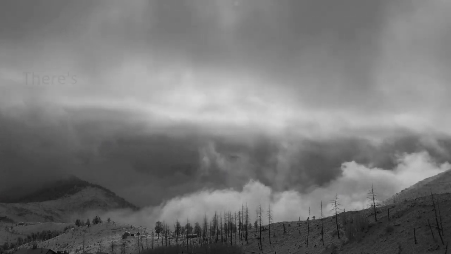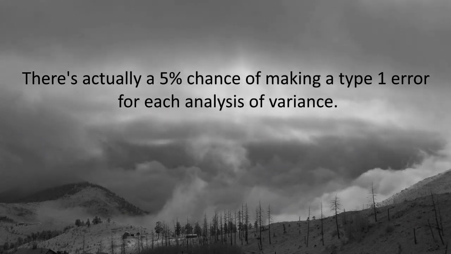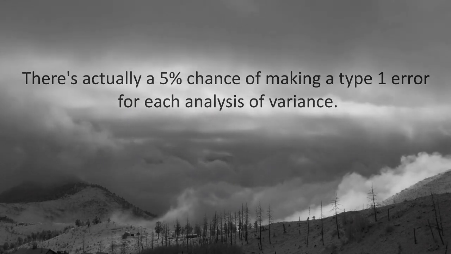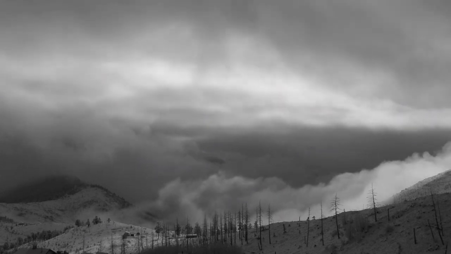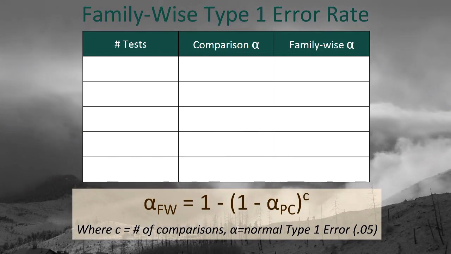There's actually a 5% chance of making a type 1 error for each analysis of variance that we conduct on this question. Therefore, performing multiple tests means that our overall chance of committing type 1 error could be far greater than 5%. Here's how it works out.